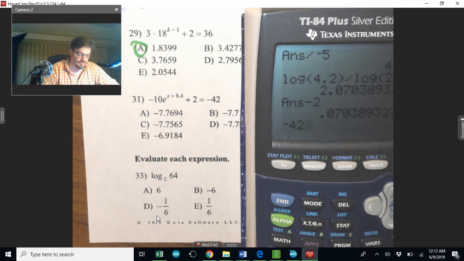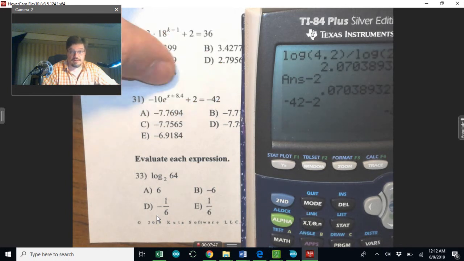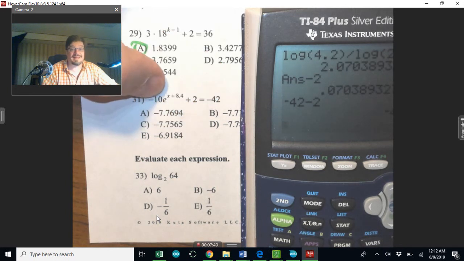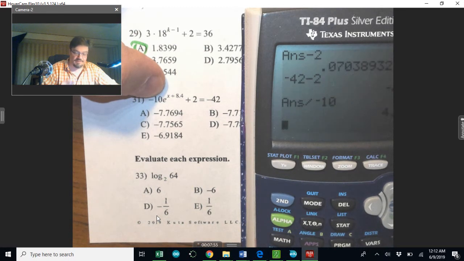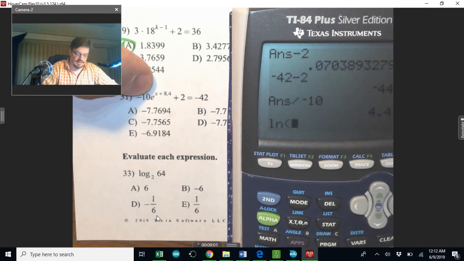So negative 42. Okay, starting over here, you will subtract 2. Then you will divide by negative 10 because I am not allowed to take the natural log yet. Okay, negative 10. Okay, 4.4. Now I will take the natural log of 4.4. Okay.